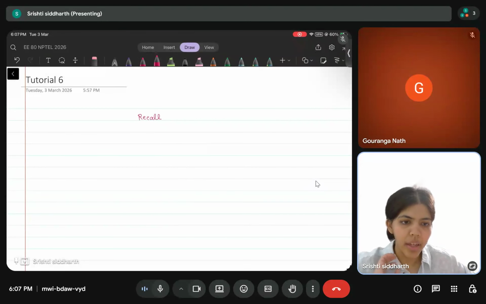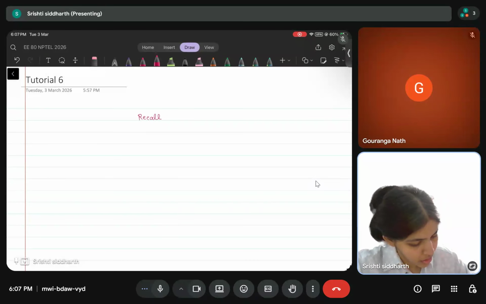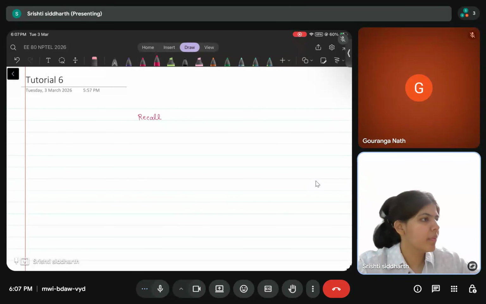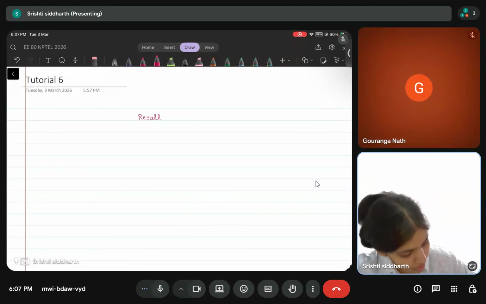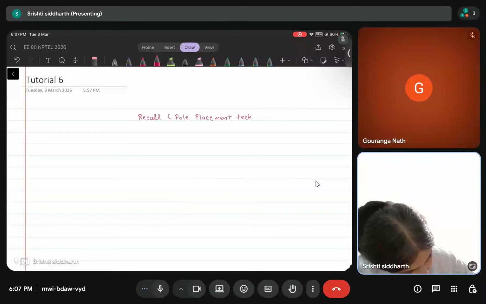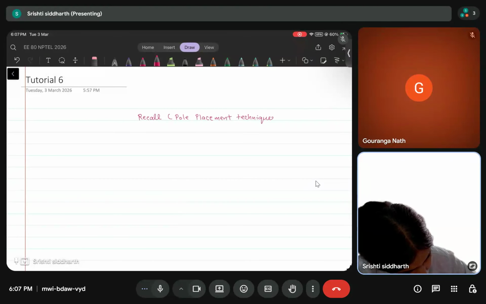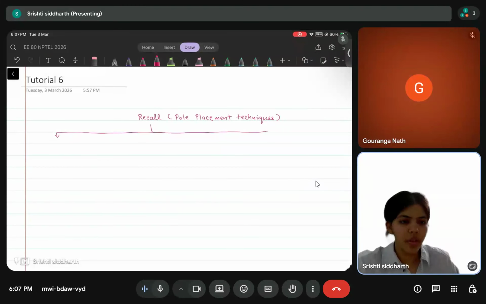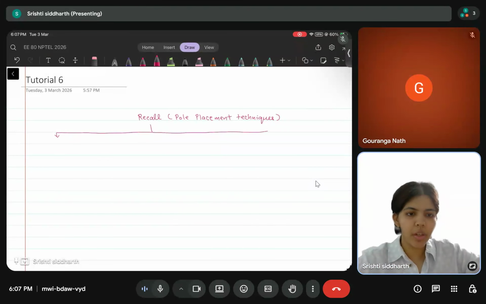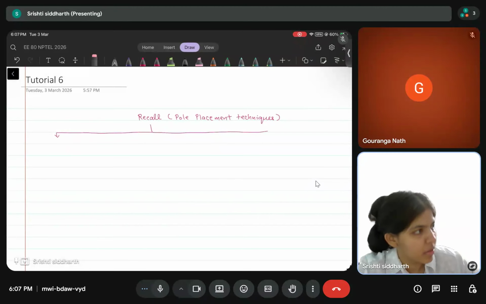We are going to look at various methods on how to place the poles at desired locations. The first one was pole placement using the desired characteristic equation.